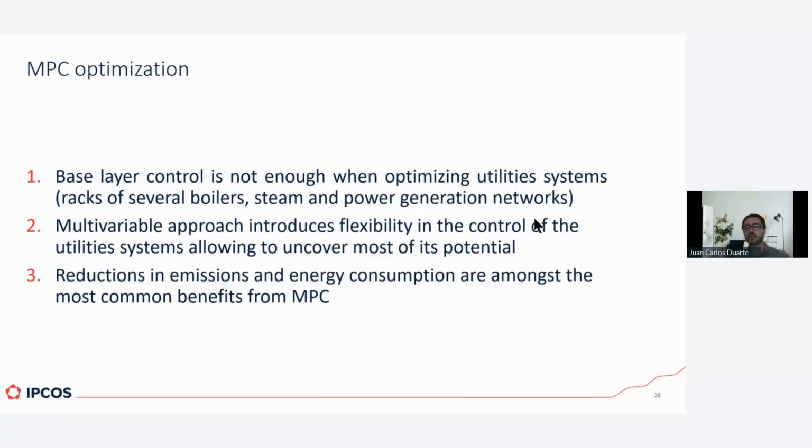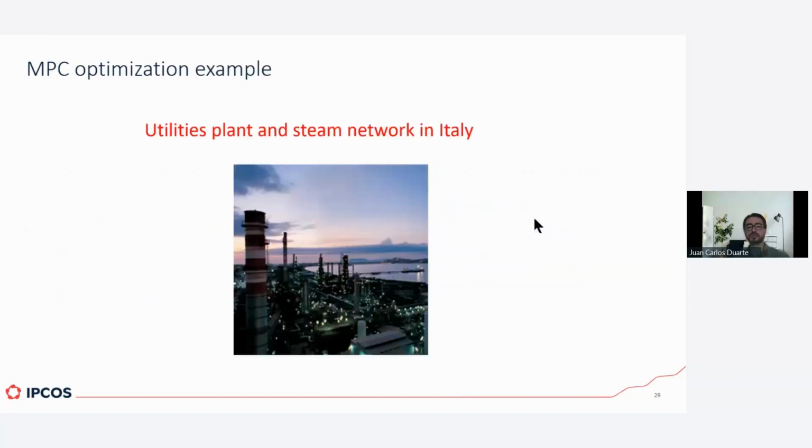So it can help uncover the potential that otherwise, with just base layer control, probably wouldn't have been possible. And then the reduction in emissions and energy consumption are typically the most common benefits from an advanced process control implementation.